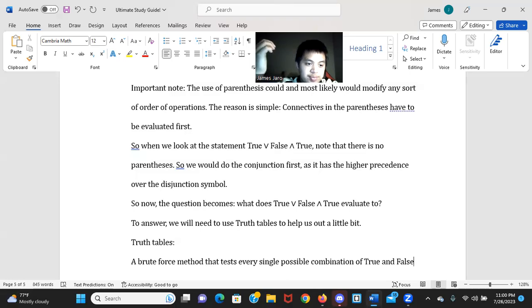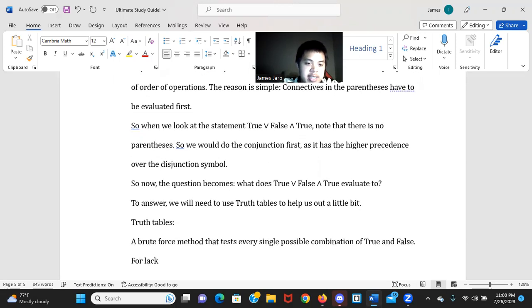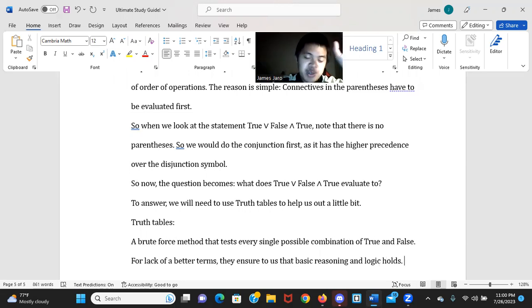And the idea is that they ensure to us that the basic laws of reasoning and logic hold. They're essentially the training wheels of introduction to discrete structures.